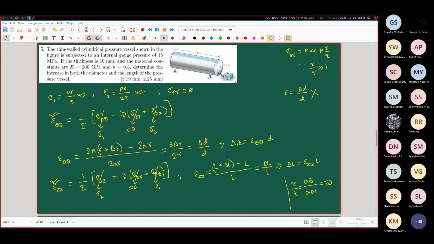But the accuracy you obtain by using this approximate solution, based on the simplifying assumption that sigma RR is almost equal to 0, and a full elasticity solution taking sigma RR equal to P, there is not much difference. So that is why we do this from a very practical consideration.